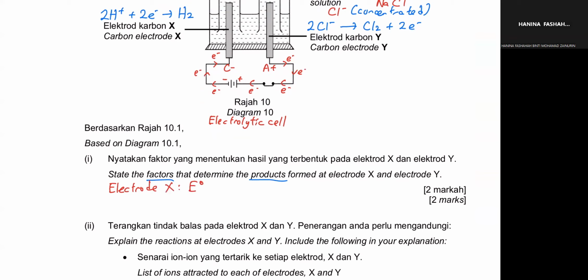If you don't remember, never mind, you can write E naught value, but it is better to write the full name, which is standard electrode potential value. Then for electrode Y it is very obvious. Electrode Y depends on the factor of concentration of solution.